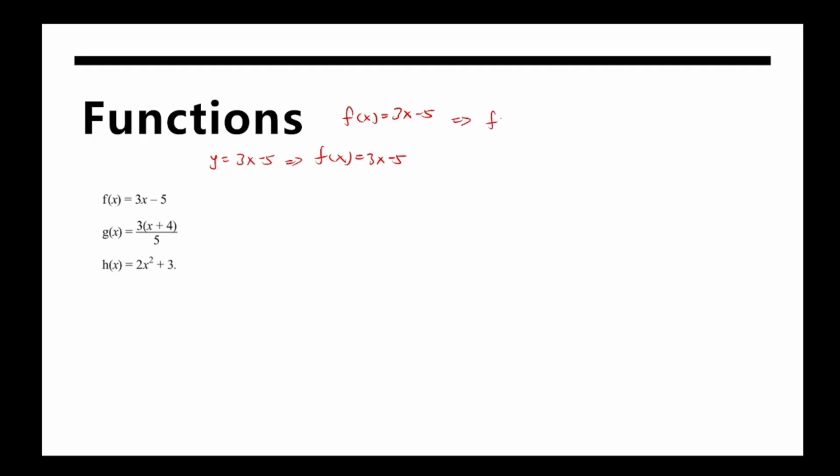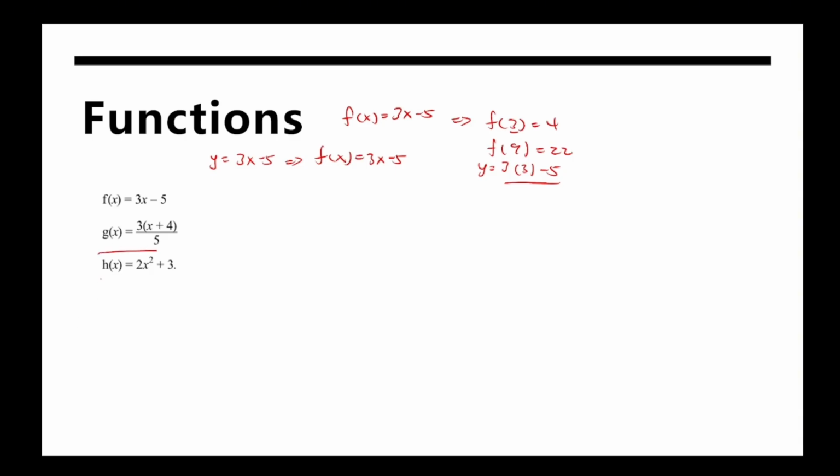Then we can say f(3) equals 4. Just simply changing the x here will do the job. f(9) equals 22. Instead of writing y equals 3 times 3 minus 5, the whole equation.